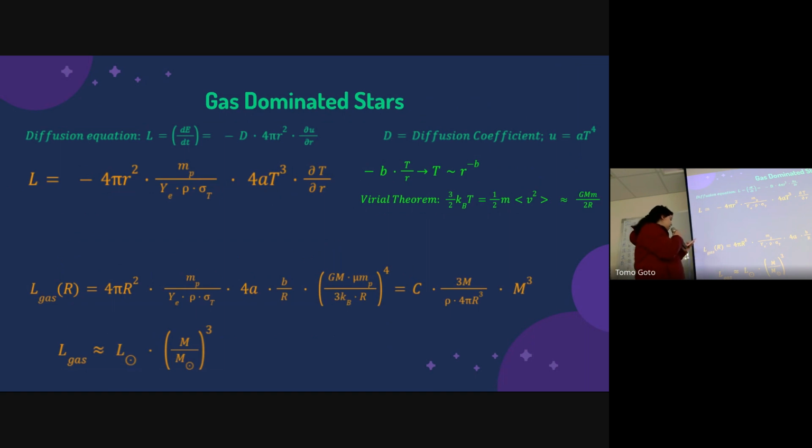So here, we have the luminosity, which is just a derivative with respect to time of energy. And that's going to be proportional to the surface area times the radial component of the gradient of the energy density. So U over there is just photon energy density, which is proportional to temperature to the 4 there in the corner. And what does this tell us?